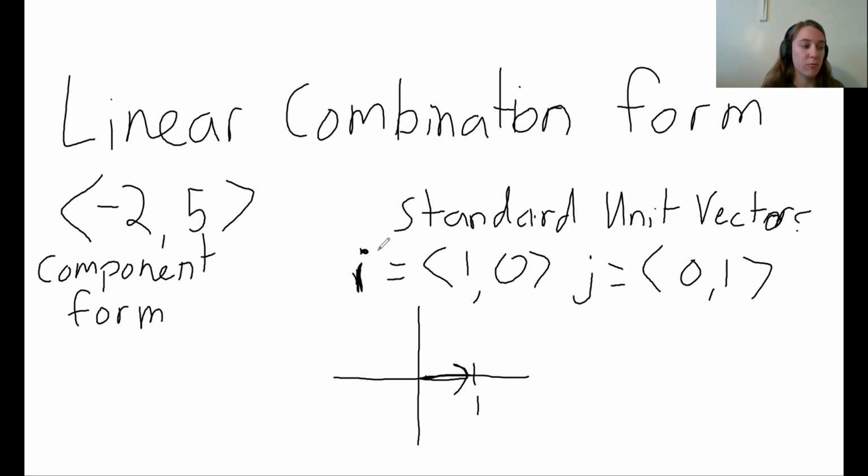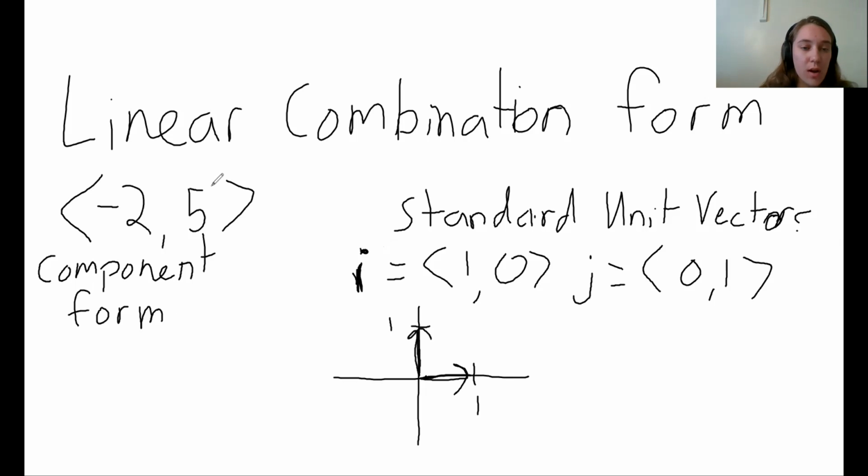That's your vertical movement, that vertical component of a vector, which would just be the vector going up 1 right there. All vectors have a horizontal and vertical component. If we look back at our vector -2, 5, the first part, -2, is our horizontal component. We're going -2 horizontally, and then we're going +5 vertically.